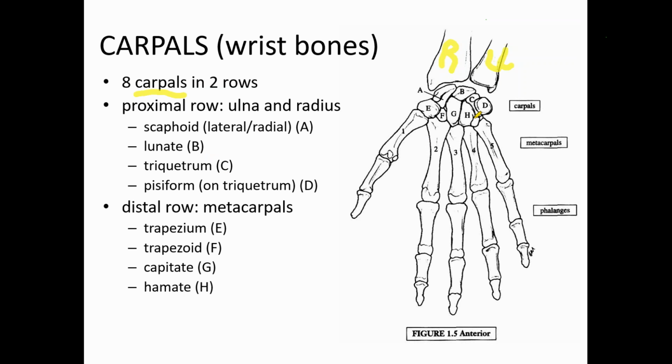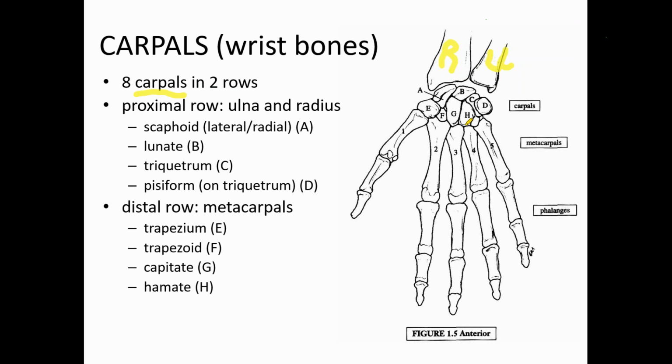Then we're going to go back across towards the thumb, and we've got the trapezium, trapezoid, capitate, and hamate. If you found your pisiform, go a little bit more distal, away from it, more into your hand, and a tiny bit lateral.